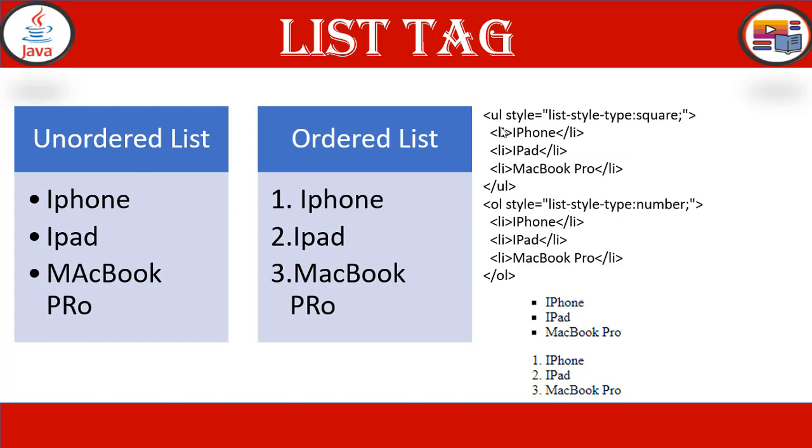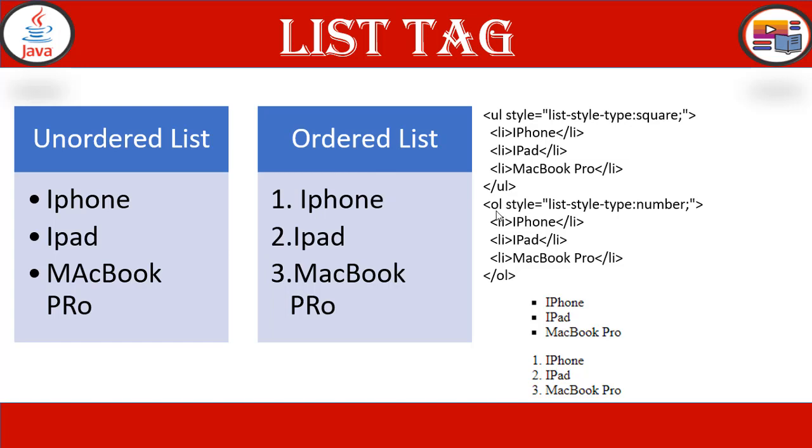Now let's take a look at the tags. Unordered list is named by UL, and we can provide, the same way we did in the table, with the help of style, any specific style for your list, like square or circle or ring, any kind of tabular sign you want to provide in your list.